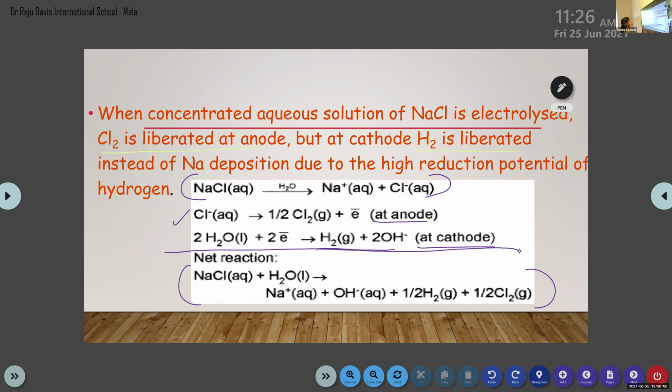First the dissociation of sodium chloride into sodium and chlorine. Then the oxidation reaction takes place at the anode. Second, the reduction reaction takes place at the cathode. Then for the net reaction, we can cancel the similar terms from both sides. Then the final reaction: sodium chloride plus H2O gives Na+ plus OH- plus half H2 plus half Cl2.